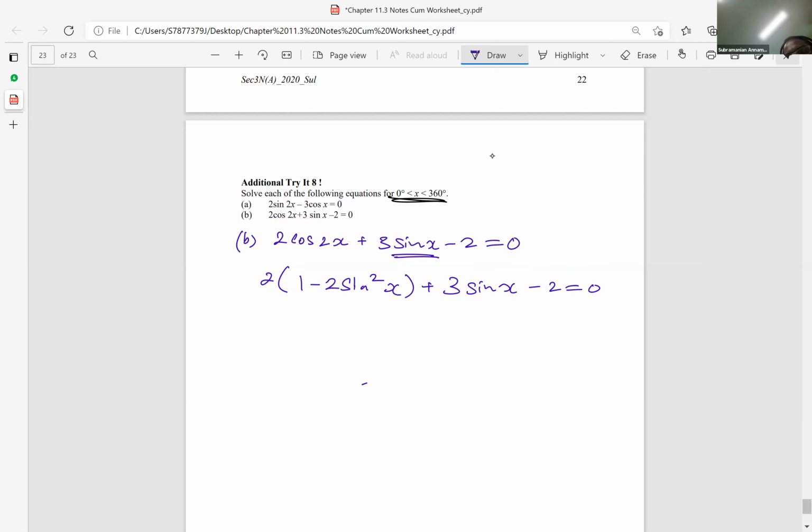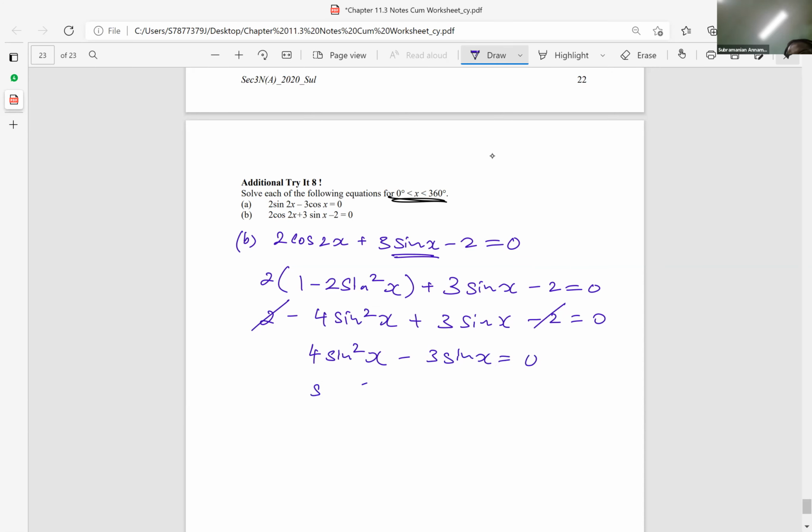So this is 2 minus 4 sine squared x plus 3 sine x minus 2 equal to 0. So the 2 and 2 will cancel off each other. So you're left with this. So you can get rid of the minus as well, times minus throughout. So you get this end of the day.